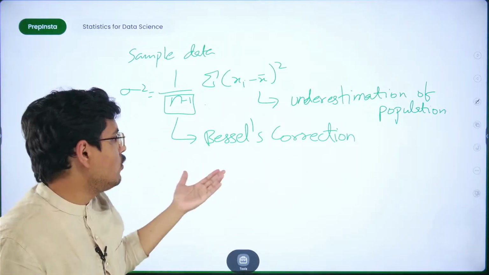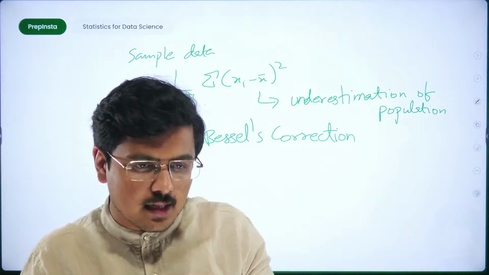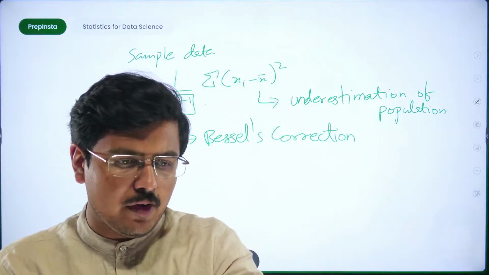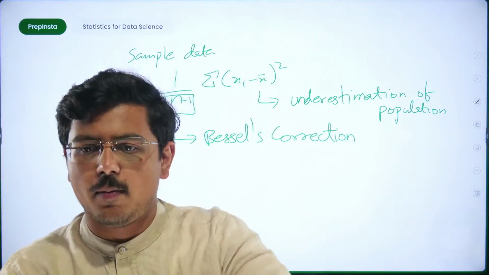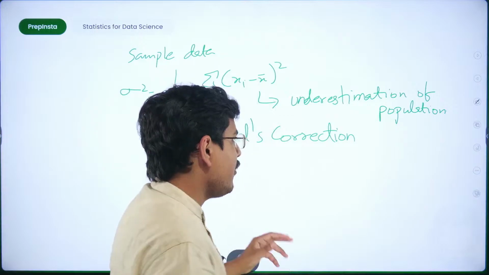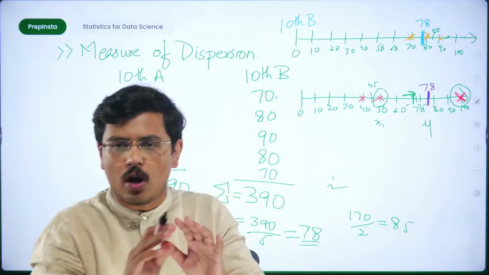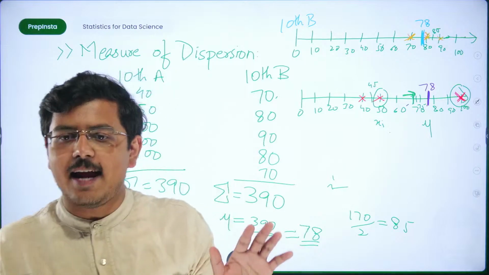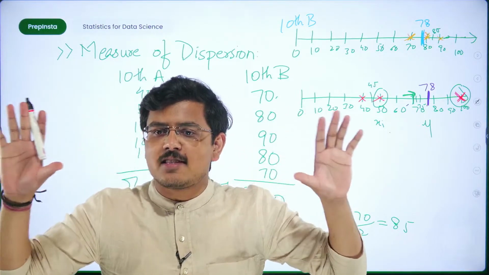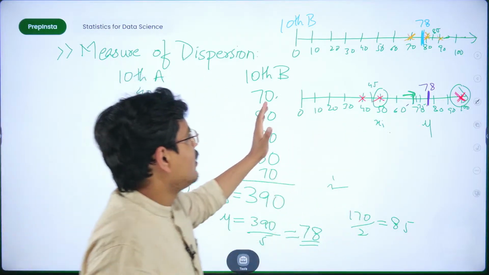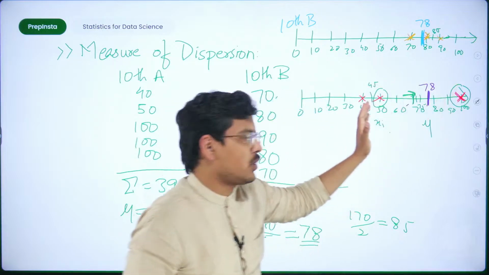Fine. Now let's go and let's understand. Closer value of variance means better performance. Somebody has asked that if the variance is closer, the performance is better. No, it's not like that. It is just that the data is less distributed. Variance is showing you the distribution.